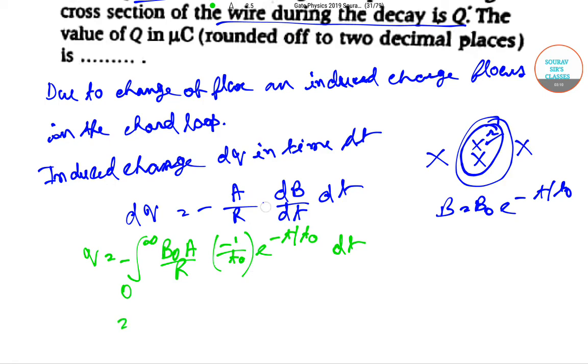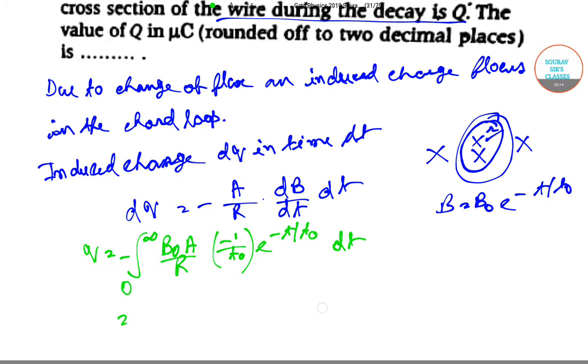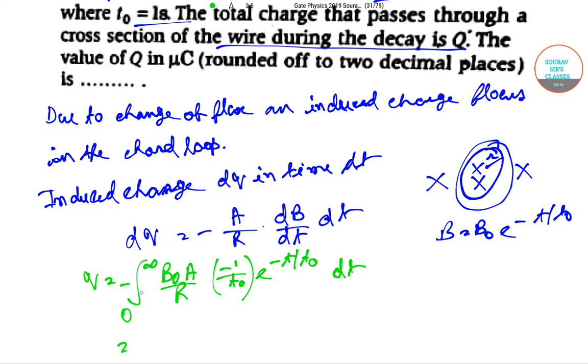This equals B0 pi r square divided by R t0, as area is pi r square, integration over 0 to infinity of e to the power minus t by t0 dt.